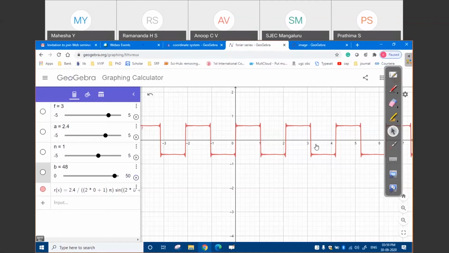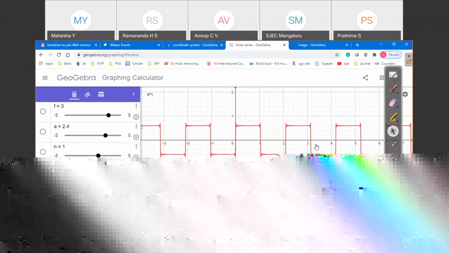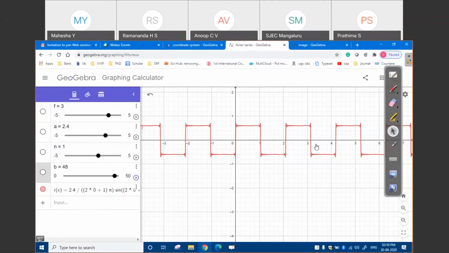In this case I am using 50 terms of sine waves, and as you increase the number of sine waves, it gets closer. But this means you are using more frequencies, so your bandwidth is more. That is the limitation of digital devices, which we can also explain using this. This is one of the examples where I am using the GeoGebra graphing calculator.